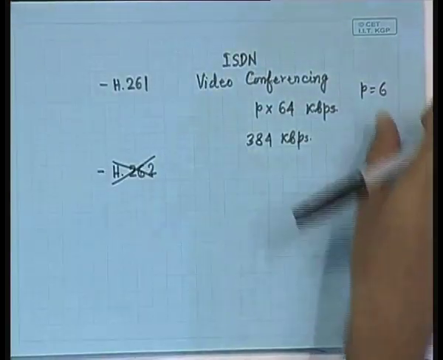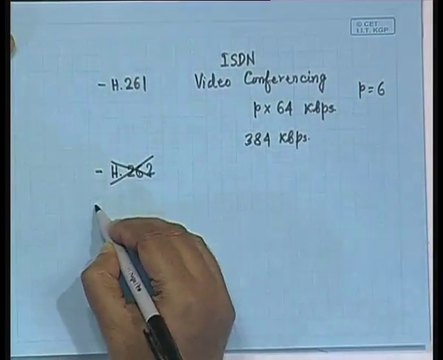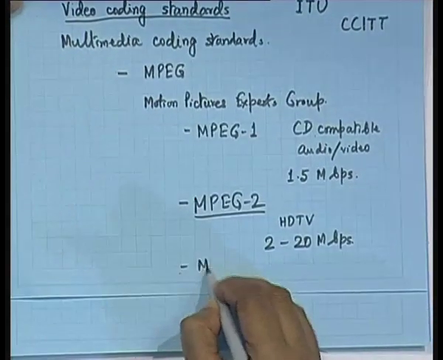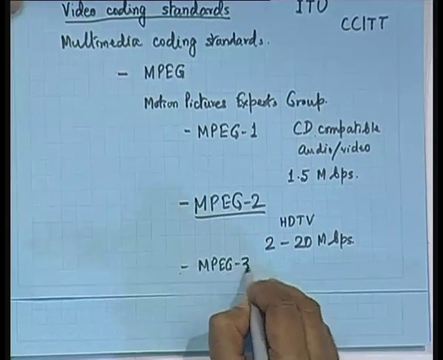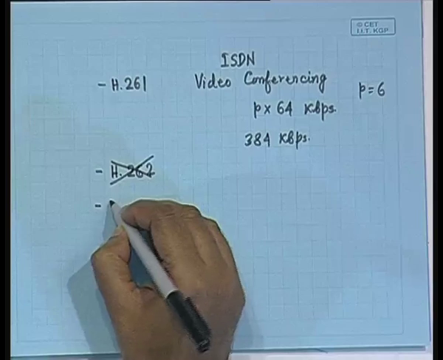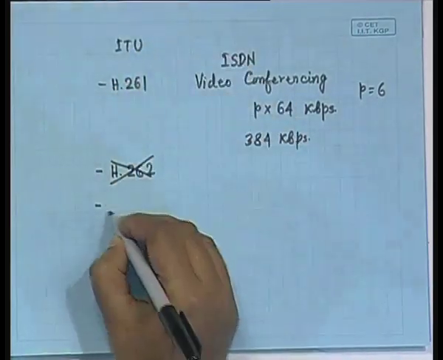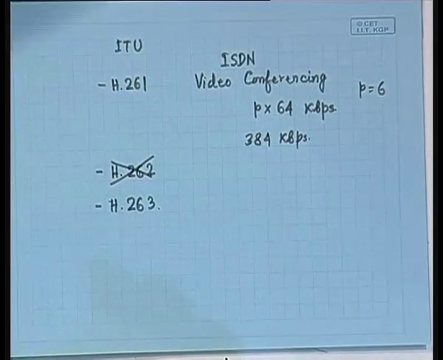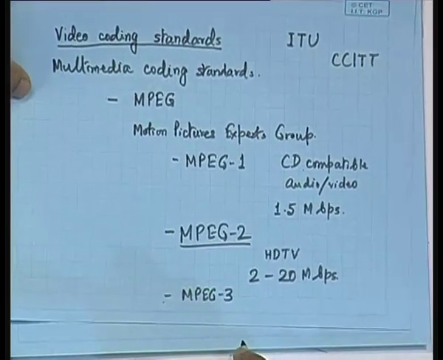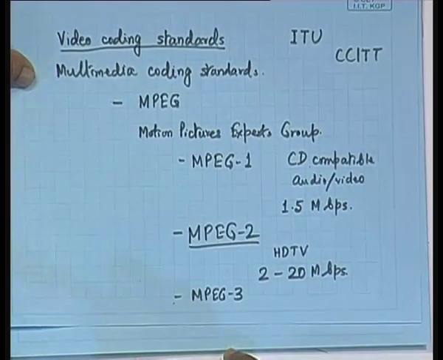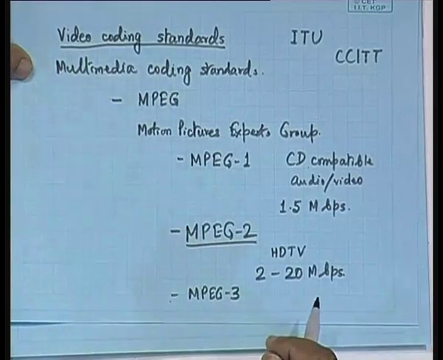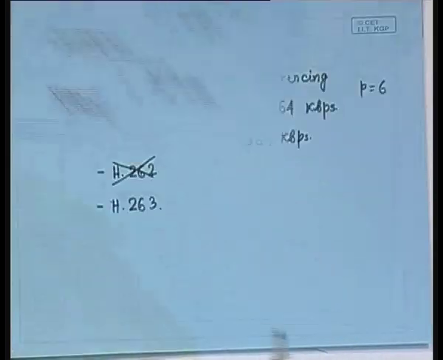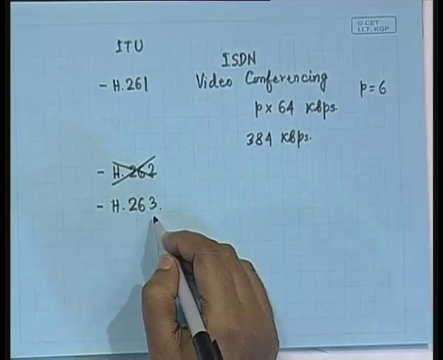And then there was also a thinking of having a standard called MPEG 3, but by then the ITU thought of the standard H.263. So, the MPEG group thought it better to give the ball to the ITU. So, no MPEG 3 was there, but instead H.263 was adopted.